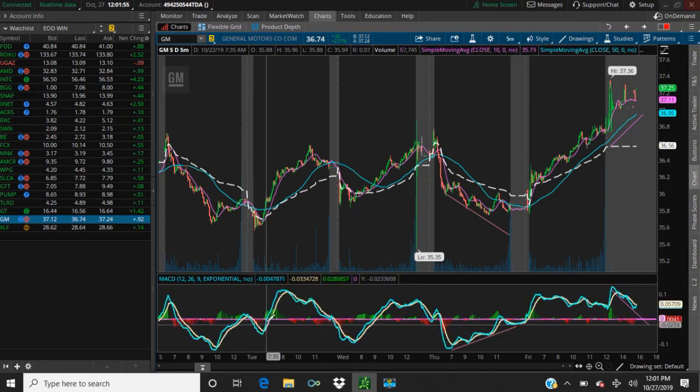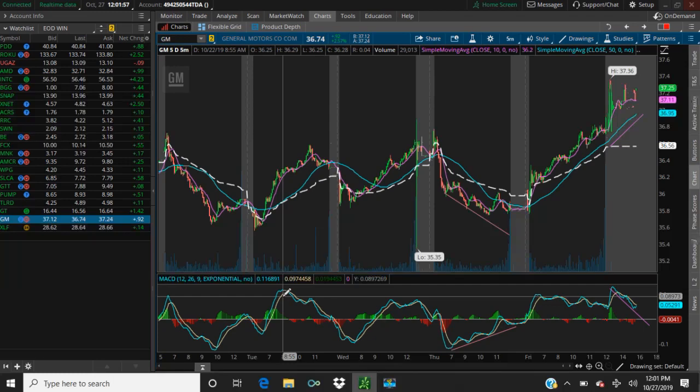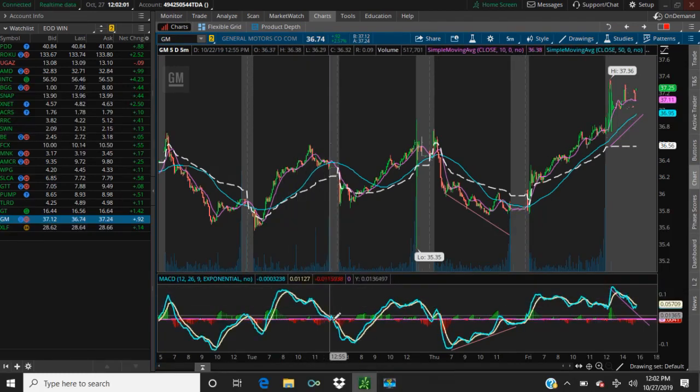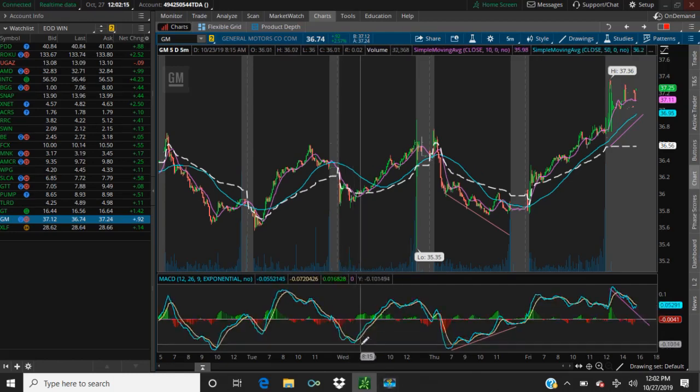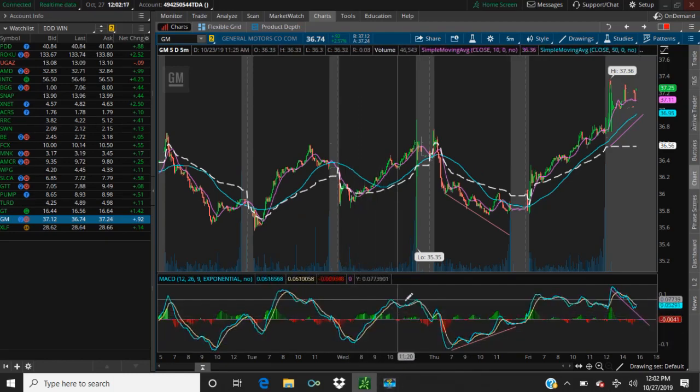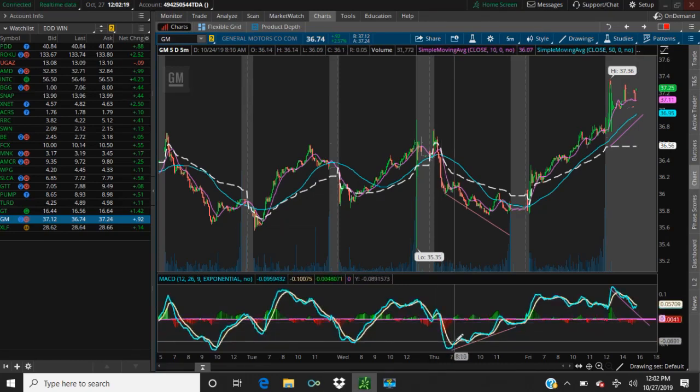When it crosses from above, it means a new downtrend is coming. The strategy is to buy when the MACD crosses above the zero line and sell when it crosses below. So buy when it crosses above and sell when it crosses below.